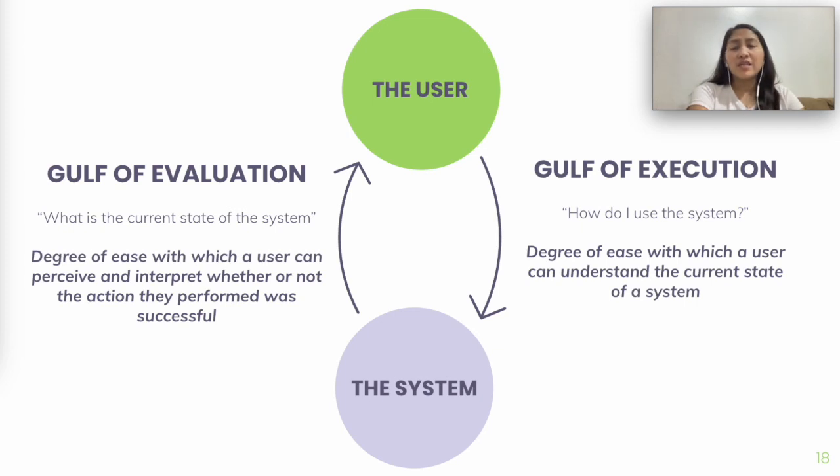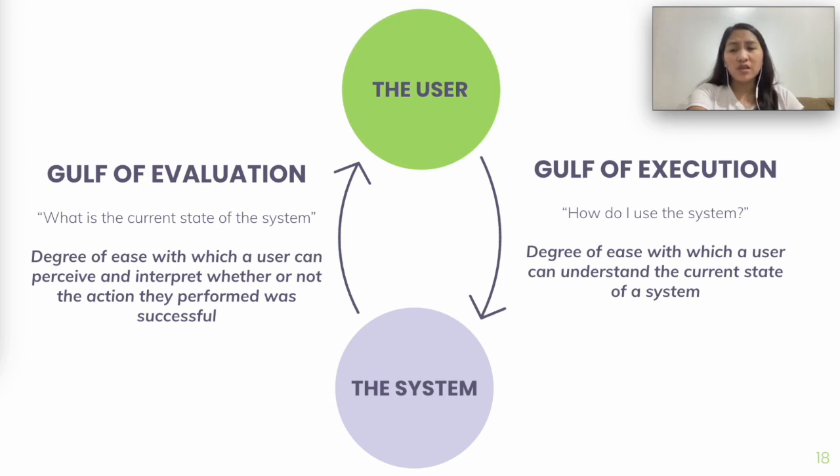So let's proceed to an example about the gulf of evaluation. Consider the same light switch example. If a person looks at a light switch, the gulf of evaluation is very small since with one switch, the user will immediately know if their action was successful. An example of a large gulf of evaluation is when an application has a spinning wheel to show a loading state after the user performs an action.